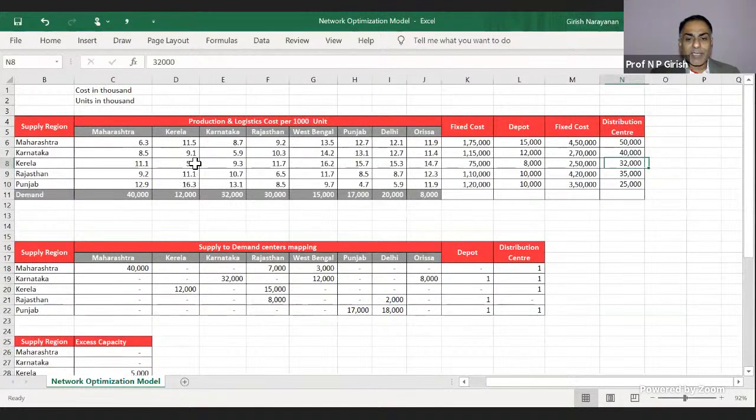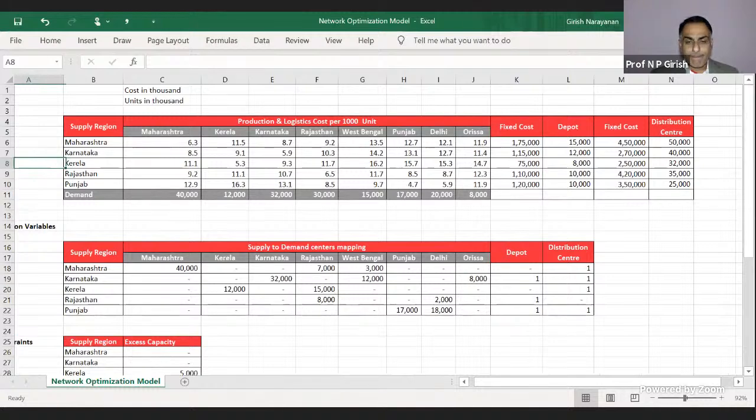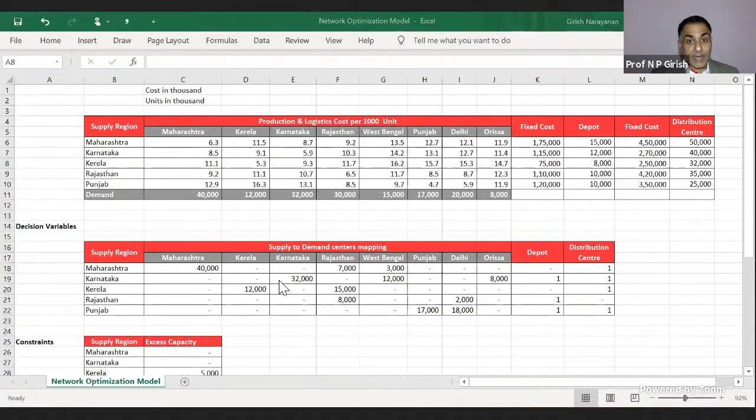So 32 minus 27, that's 5,000. 32 is the capacity, but based on the optimum number, we need to supply only 27. So that's the remaining 5. We have some capacity left after optimization.